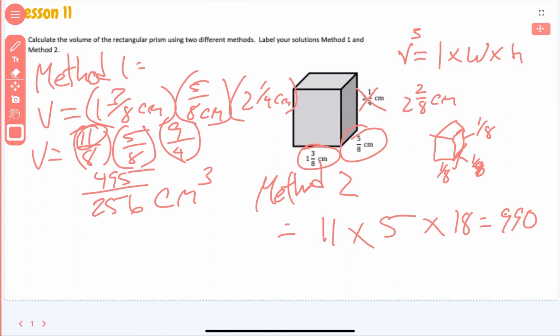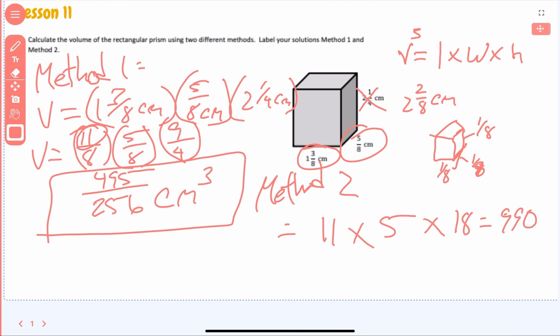Now, we have 990. But what does that mean? So is that the answer? Because we had 495 divided by 256 centimeters cubed. Well, that's not going to be 990. So what are we going to do? Divide by 2? We're not talking about triangles here.